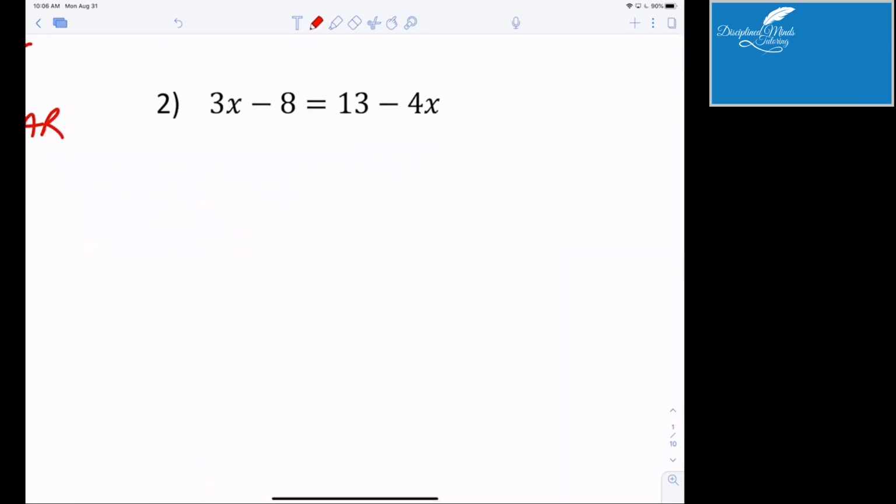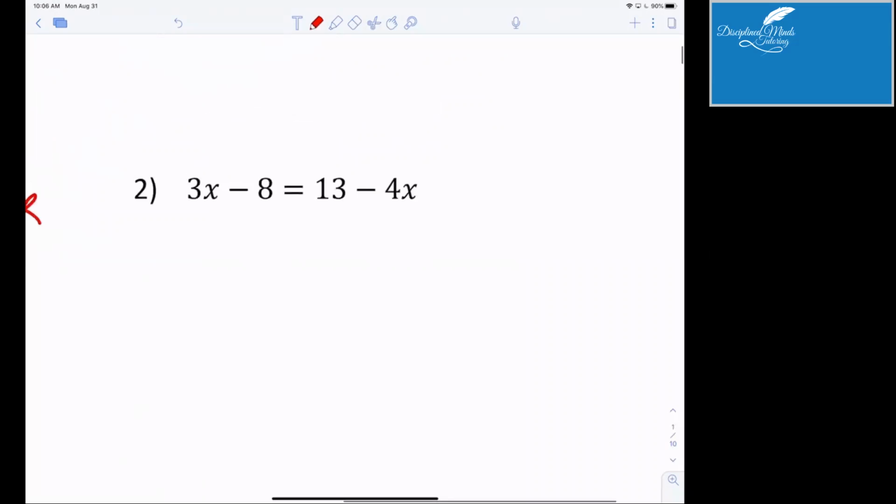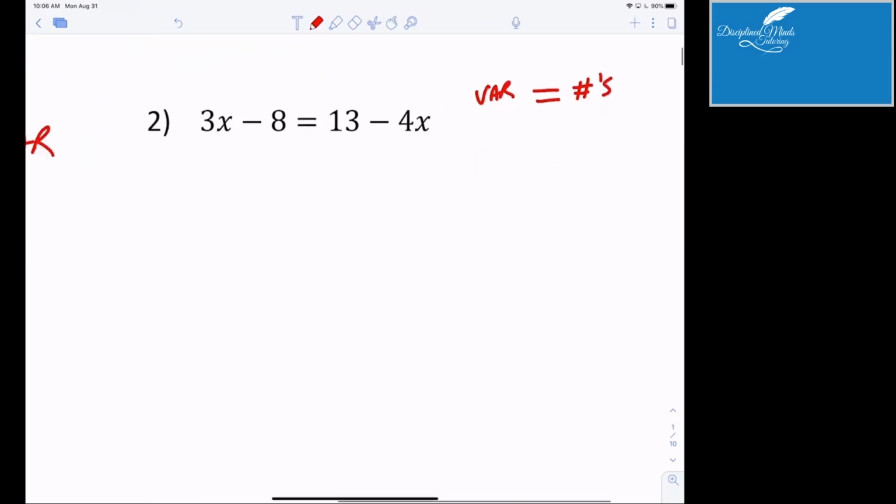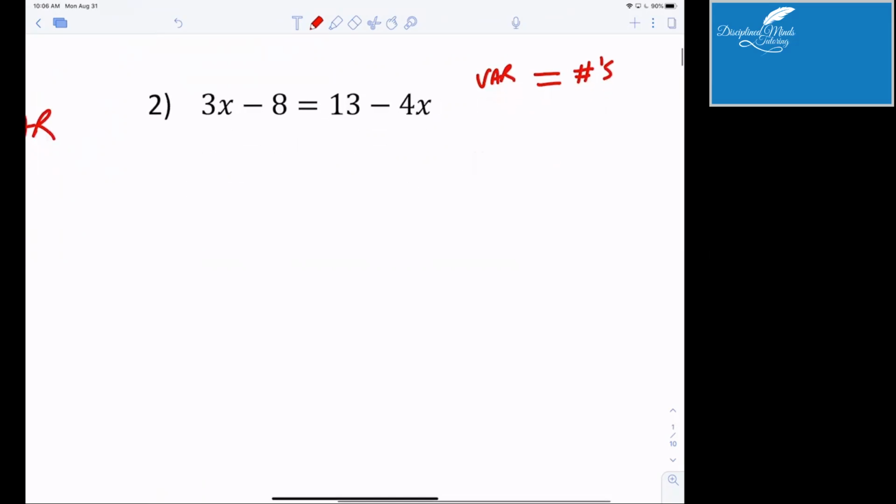Now, starting out with question number 2. Just as a quick reminder, we want the equation sign, the numbers on one side, and the variables on the other side. So the first thing I'm going to do is add 4x and add 8.